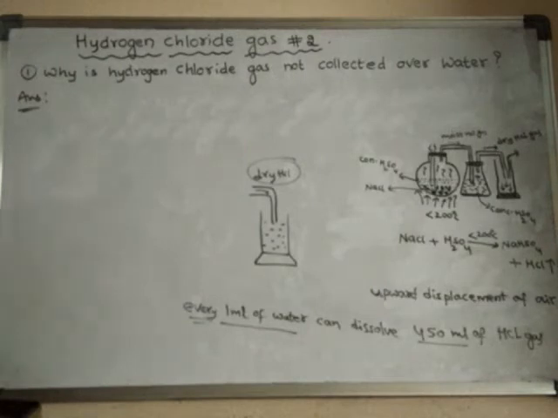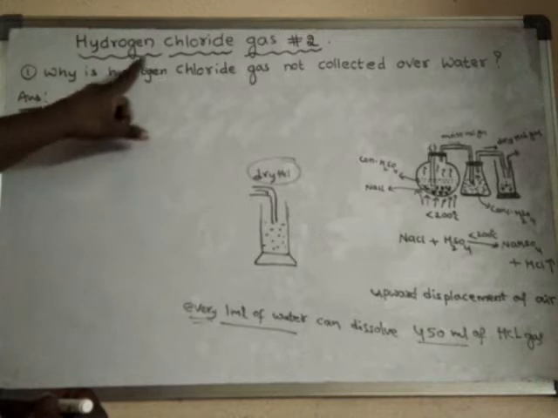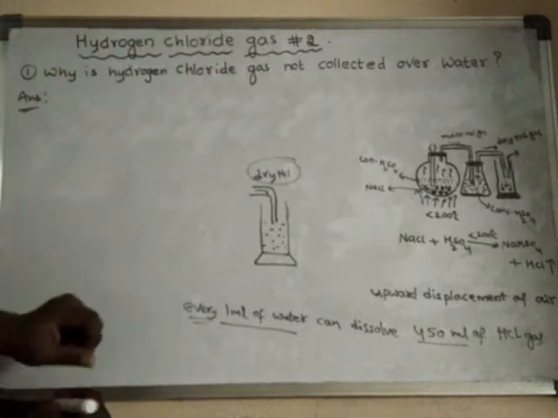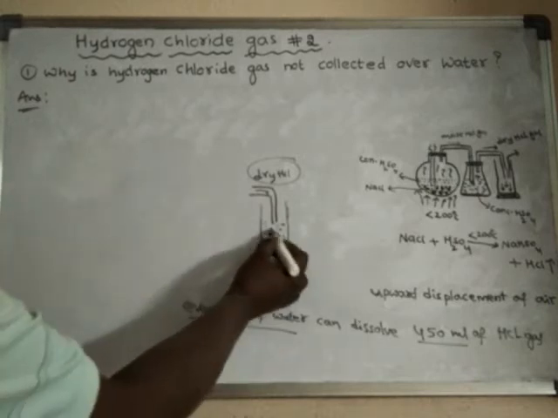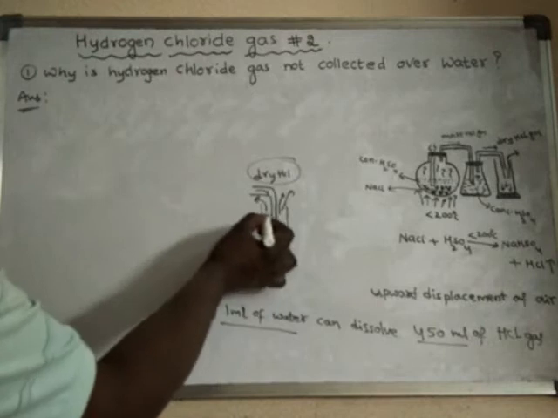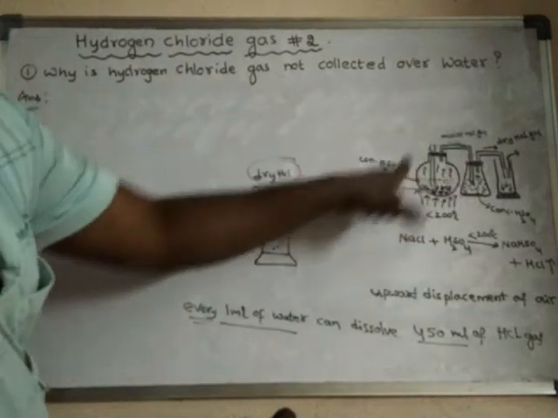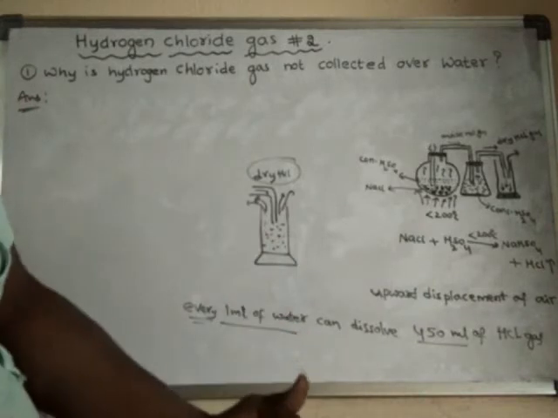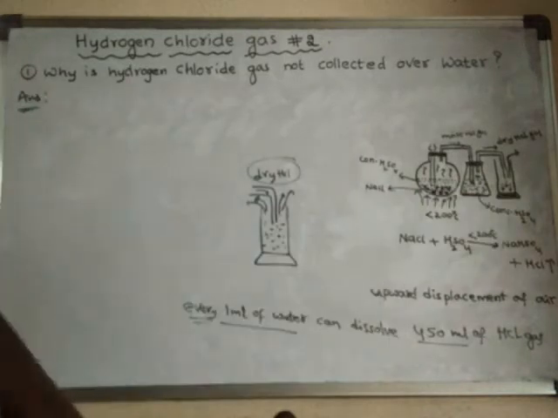Here we intend to prepare hydrogen chloride gas. But as the gas is highly soluble, we cannot get the hydrogen chloride gas. What is our main aim in this laboratory preparation? In order to prepare hydrogen chloride gas, we have done all these things.